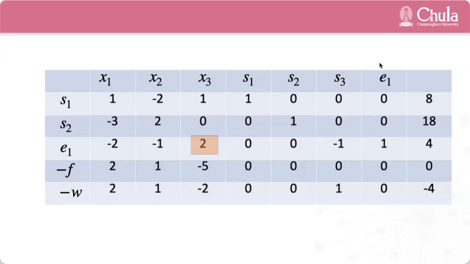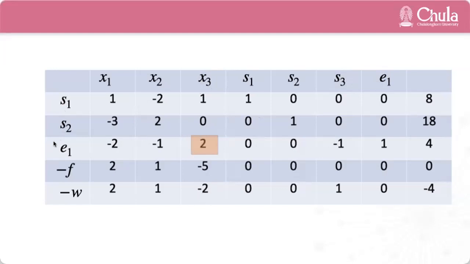The one that has a coefficient of 1 is E1. So the basic variables are S1, S2, E1. And then we introduce X3 to be our basic variable because of this negative coefficient here, -2 here.